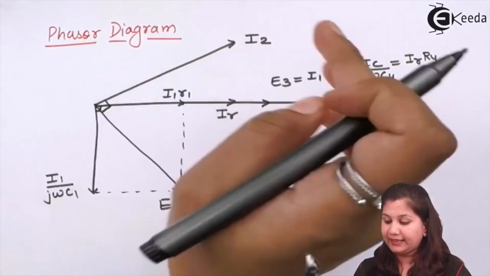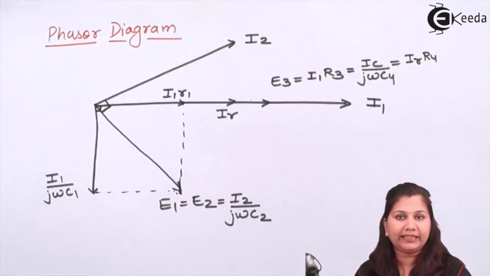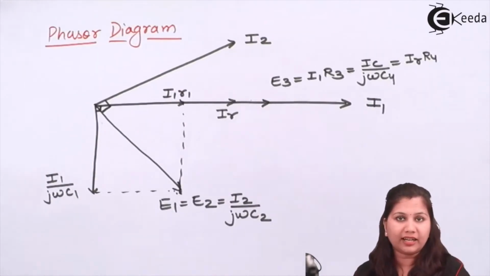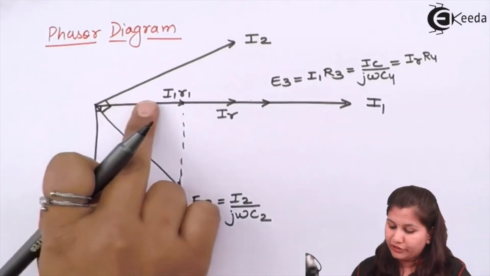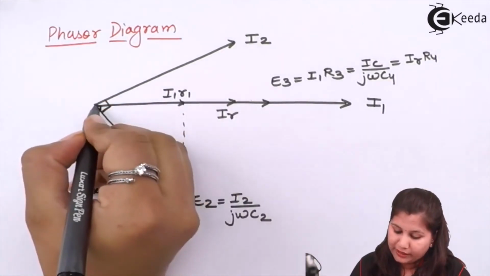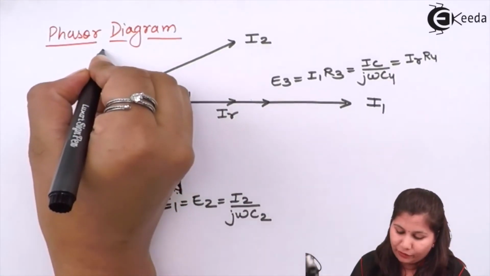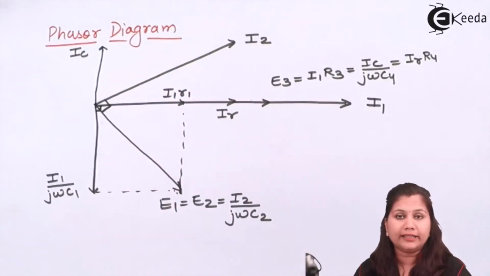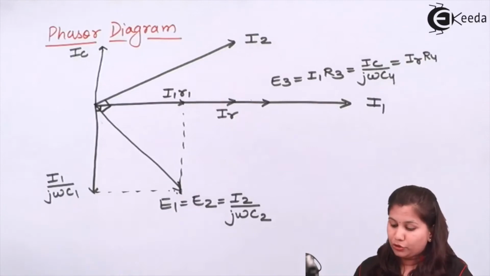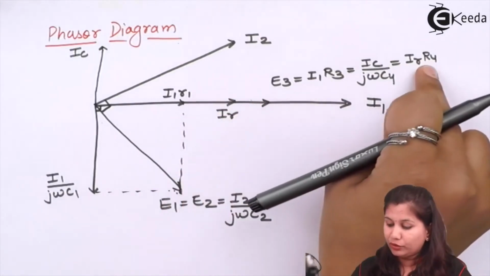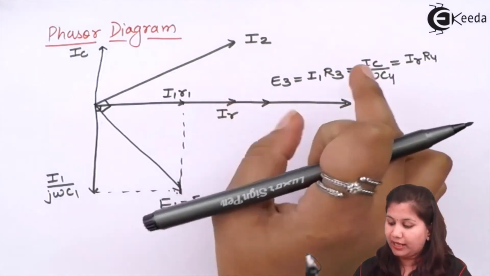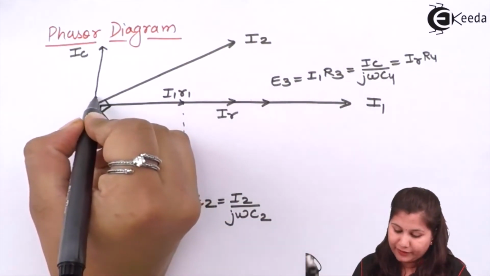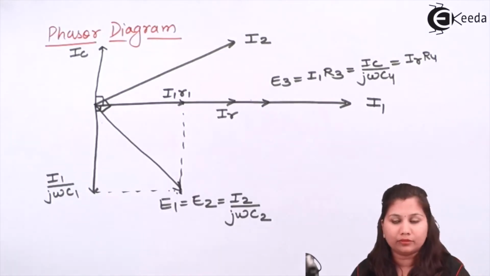So IC and this voltage drop will be at a 90-degree difference with each other. The voltage is going to lag the current by 90 degrees. The voltage is drawn on this line, so the current is 90 degrees ahead of it. That means this is the current across the capacitor. So for resistance, current and voltage are in phase with each other, and for a capacitor, voltage and current are at a 90-degree difference with each other.